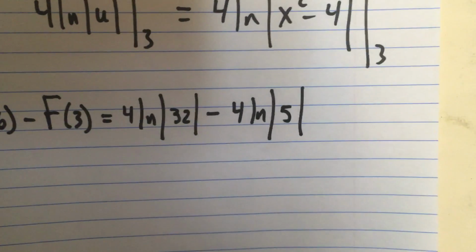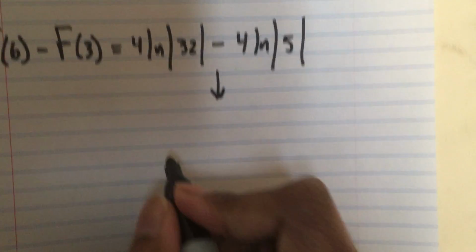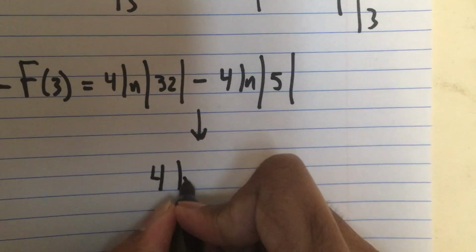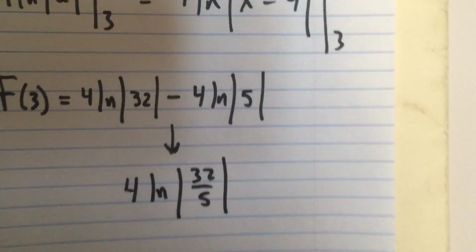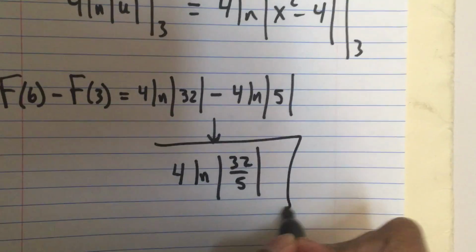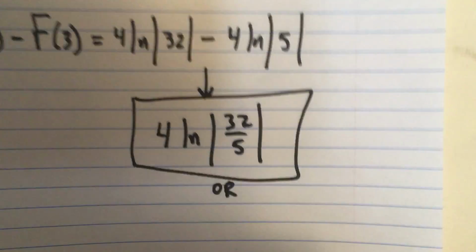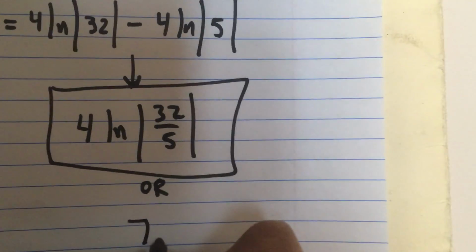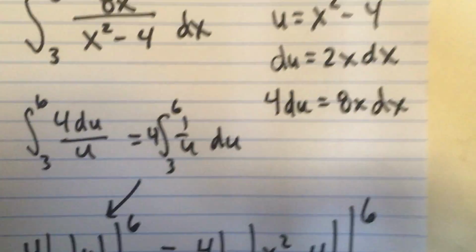We can use the natural log properties. So this is going to equal 4 times the natural log of 32 divided by 5. That's my final answer in natural log form. Or if you want to do the decimal out, you get approximately 7.0425. And that is my final answer to number 2.